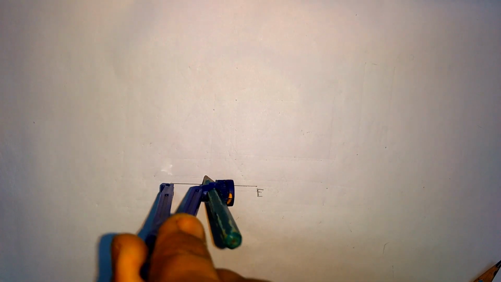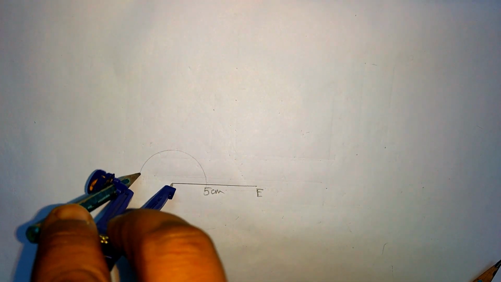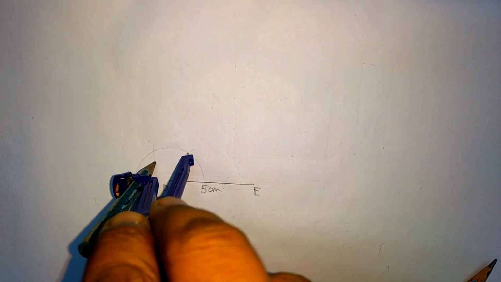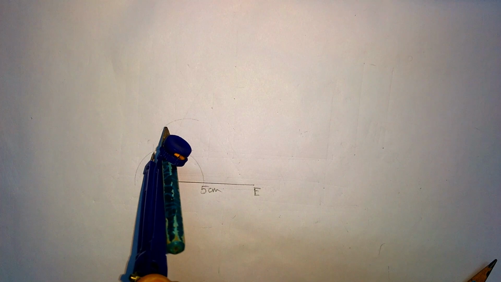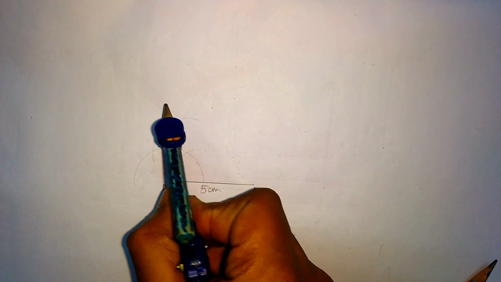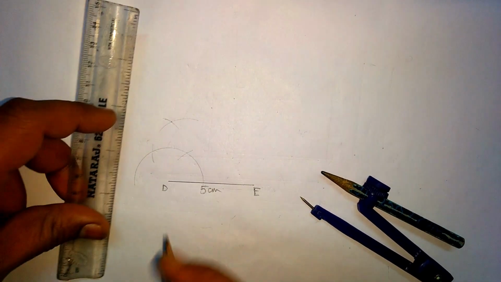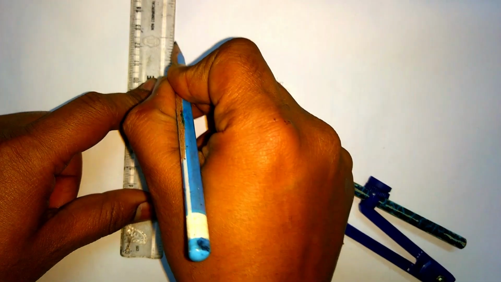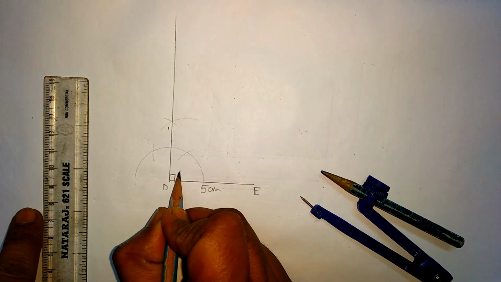So put the needle on point D. Make one arc like this way, 60 degree, 120 degree. If you bisect 60 degree and 120 degree, we will get angle of 90 degree. So this point we have got. Now this is 90 degree angle.